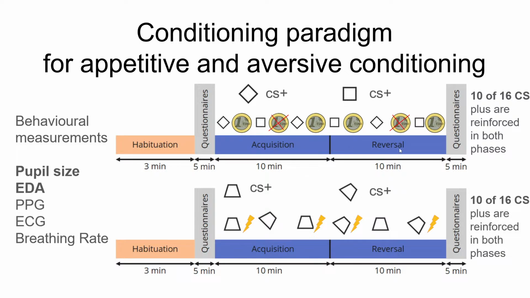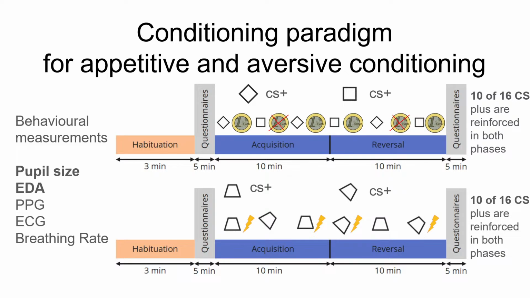The initial and reversal phases had no separators between them, only the questionnaires after the habituation phase and the questionnaires after the actual experiment. There will be a reversal the subject did not know about before.